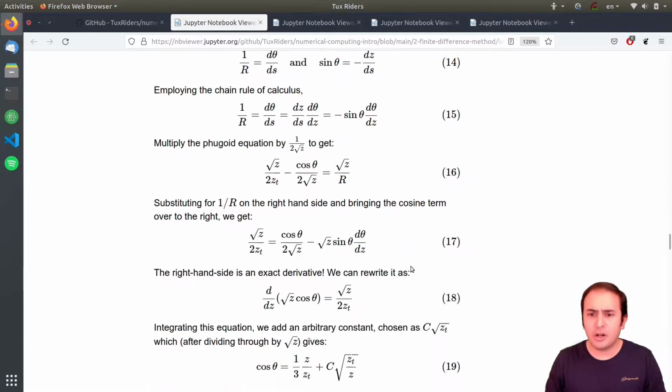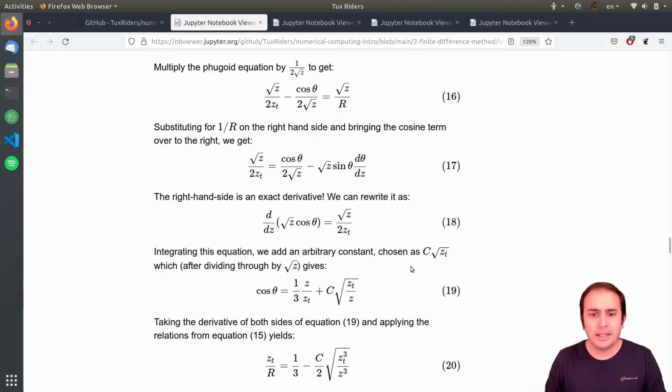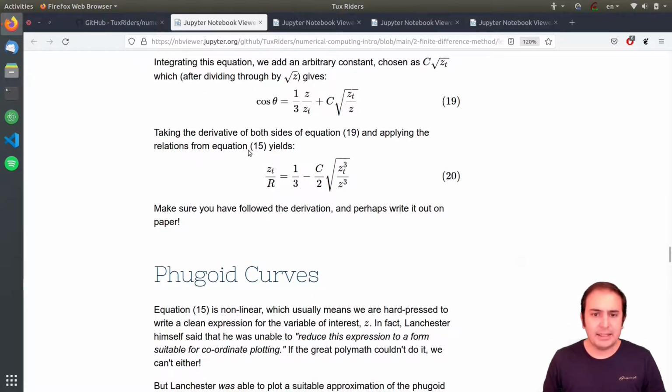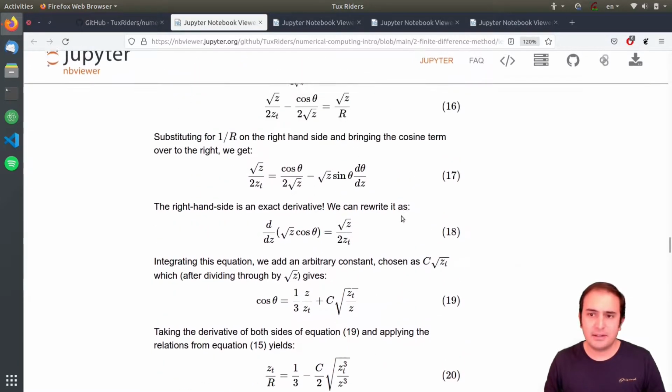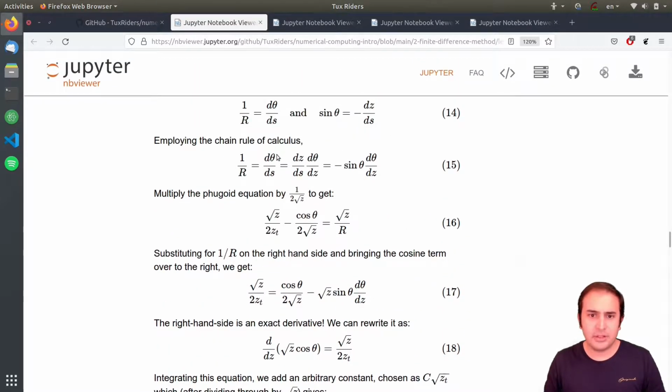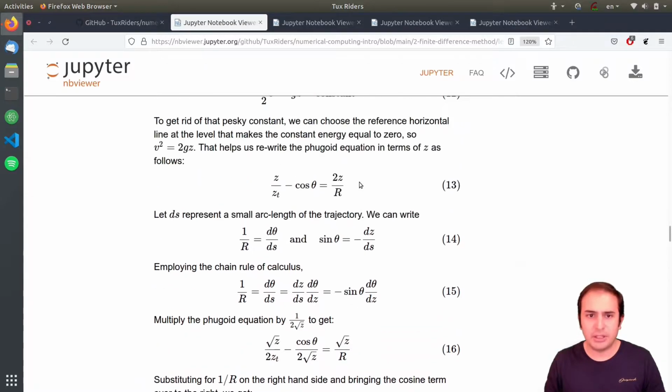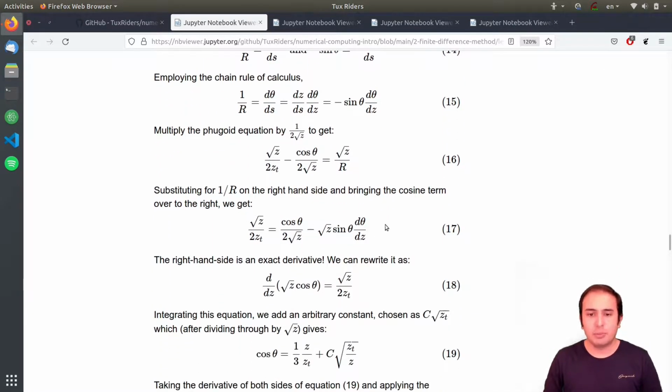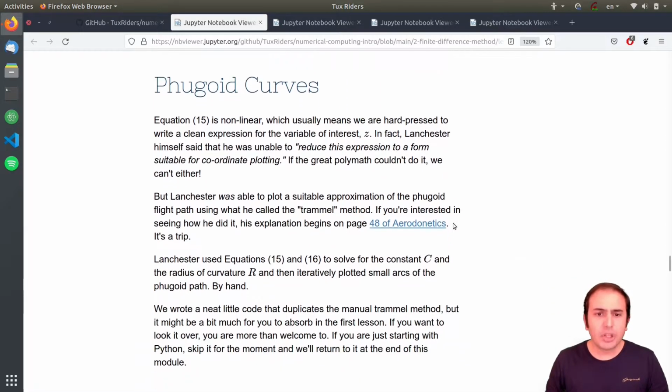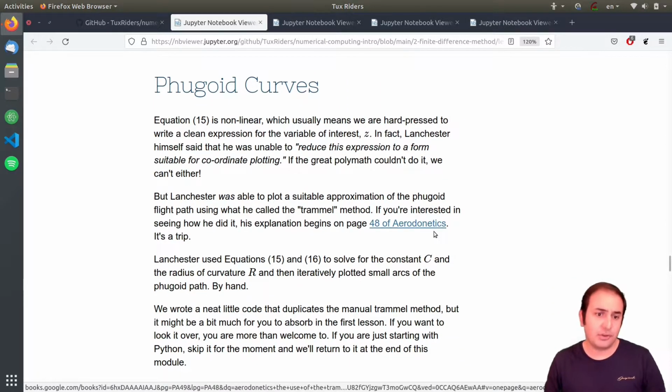This is how the derivation works. And this is the final form with some different constants. There was also a differential equation form, this one, which later on we will discuss in more detail. So this is how it's derived.